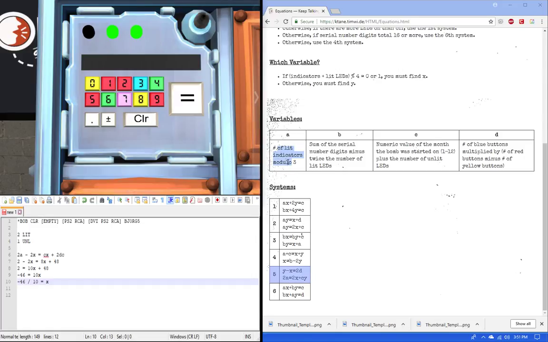there's 1 lit indicator. Module 3 is 1. 1 times 2 is 2. C plus number of unlit. There's only 1 unlit, so it's going to be 1 plus 8. The number of blue buttons multiplied by red minus. Oh, there's 2 yellows. Okay, so it's 4 minus 2.